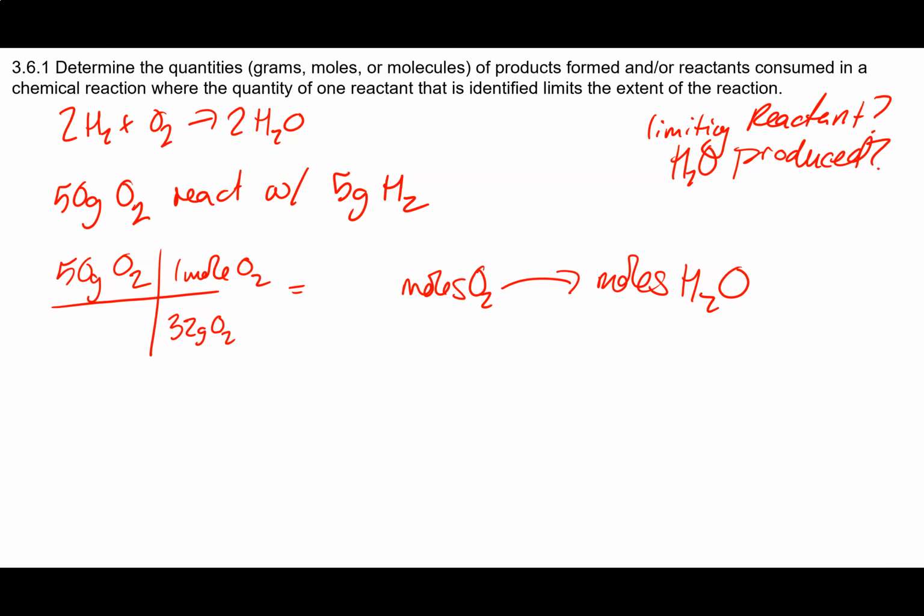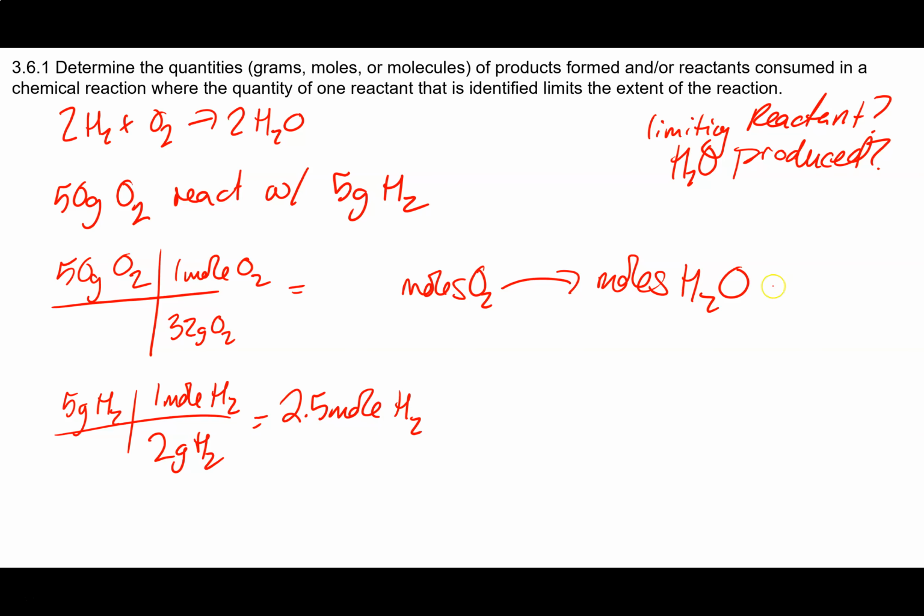So in order to do that, I have to take both of these things to H2O. And then if I want to know grams, then I have to go to grams of H2O by multiplying by our molar mass. In order to do this specific problem, I could have given myself easier numbers.